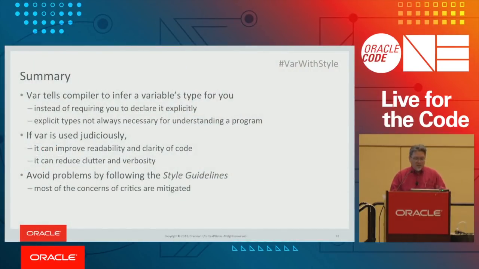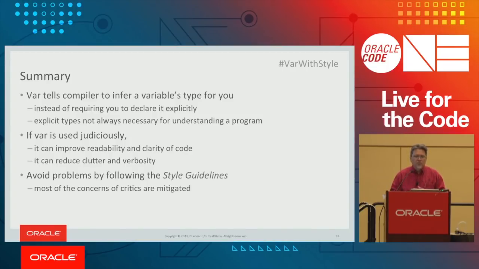All right, okay, so we're pretty close to the end here. Just to summarize, var asks the compiler to infer the type for you of a local variable declaration instead of you having to provide an explicit type. And I think the key thing to remember here is that we're all used to explicit typing in Java, it remains a statically typed system, but sometimes declaring the explicit type isn't really that necessary, and in fact it's redundant, in which case consider using var.